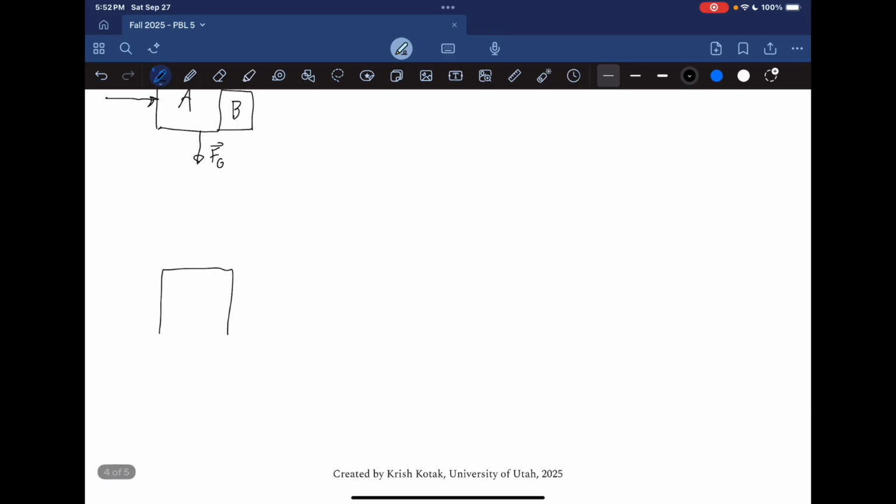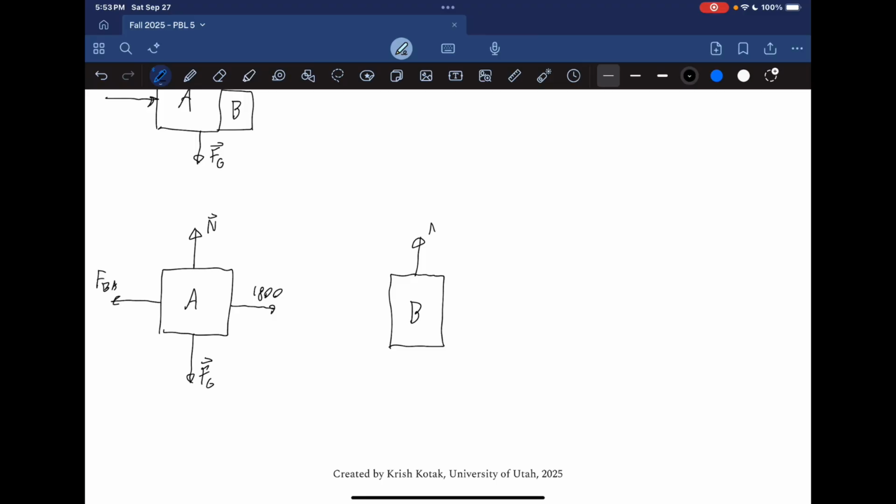So let's do block A first. Here's A. We have our normal force, our force of gravity, 1,800 newtons being applied in the positive x direction. And then there's also going to be, in the opposite direction, the force of B on A. And then if we have B over here, B has its normal force.